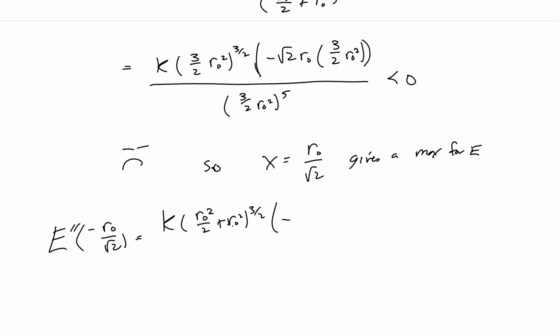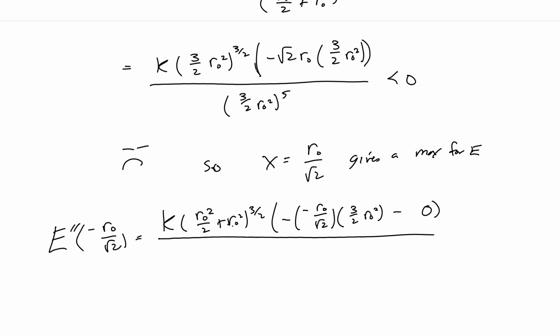And then I get negative r0 over square root of 2. And then I get the 3/2 r0 squared again, minus, and then I'll get a 0 there again, same calculation as above. And then the (3/2 r0 squared) to the 5th.